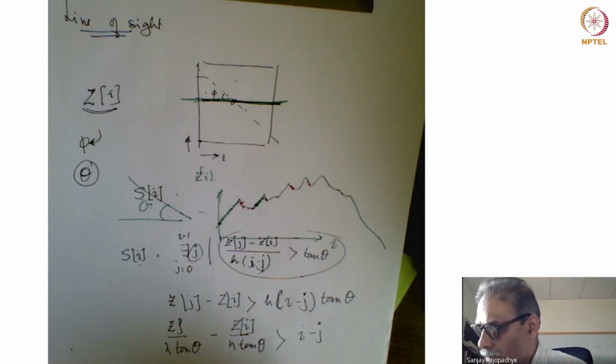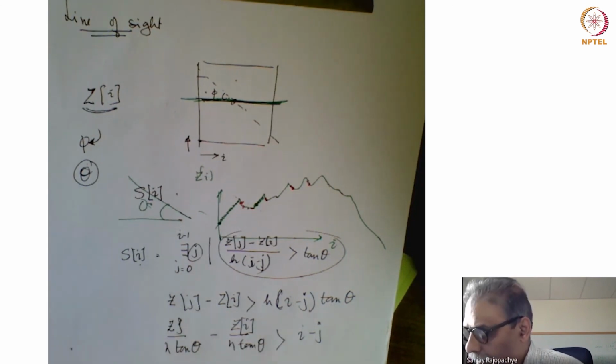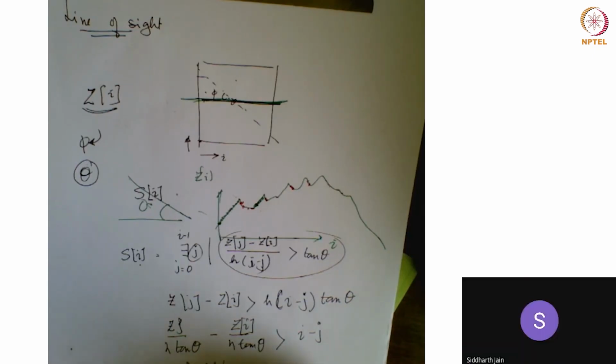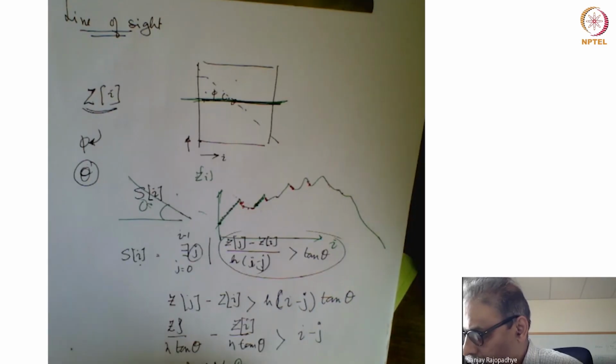Then I'm going to take the i term out, so this is zj minus hi tan theta divided by h tan theta.